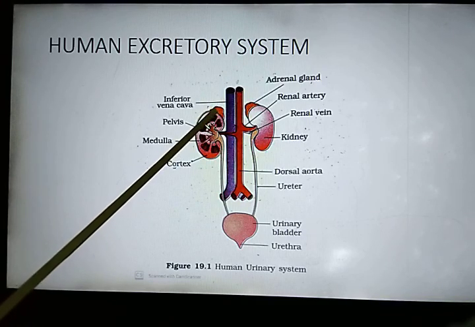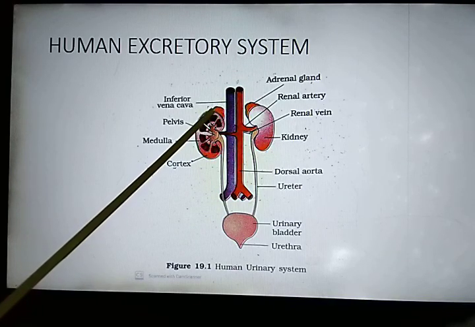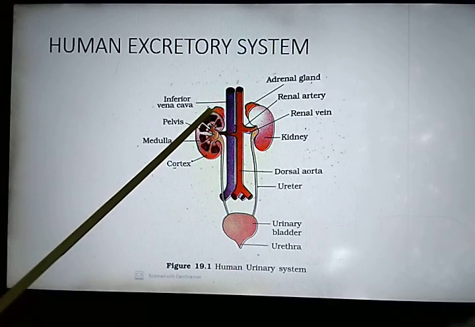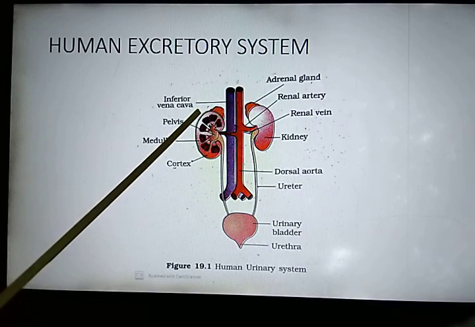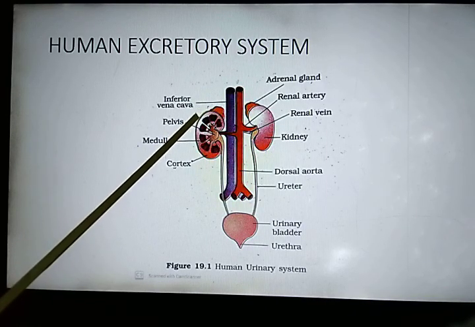So what will the adrenal gland produce? The adrenal gland will produce the hormone aldosterone, and aldosterone production is stimulated by angiotensin 2, and angiotensin 2 in turn is produced by the renin.